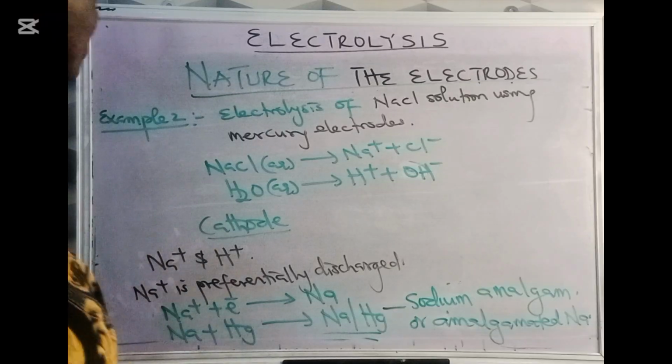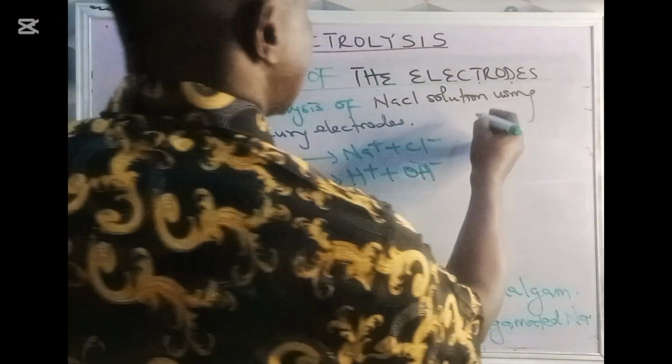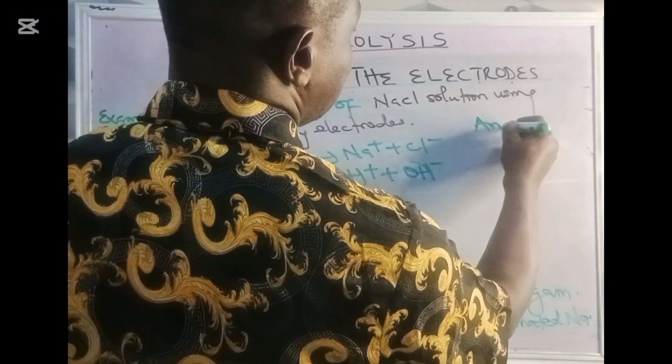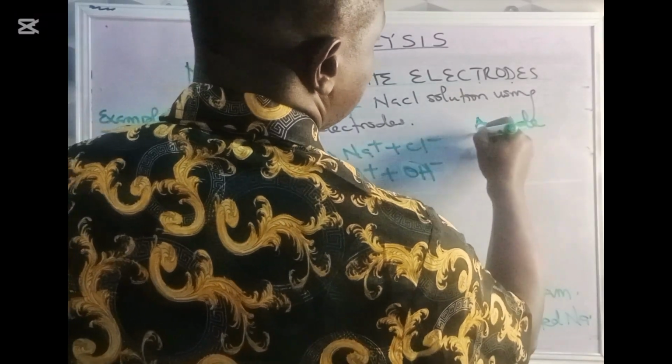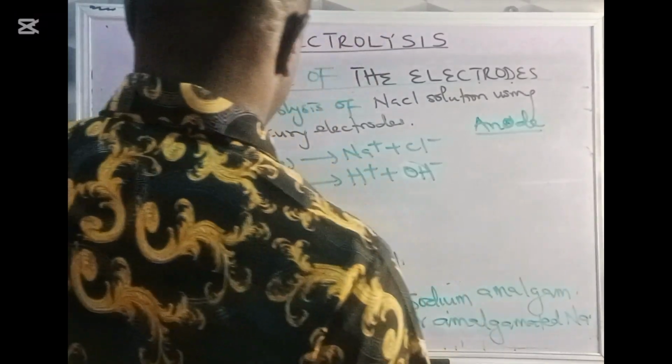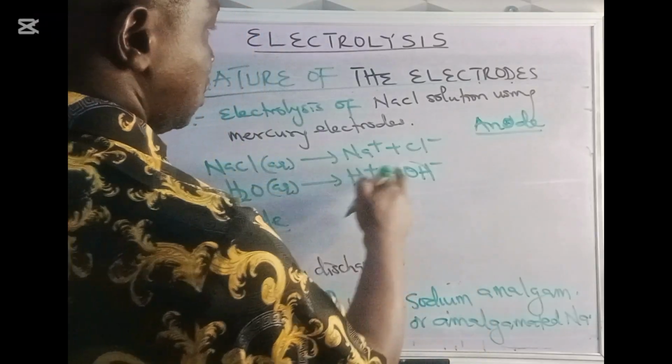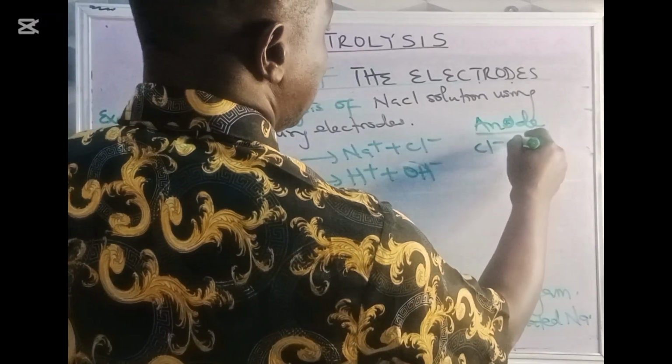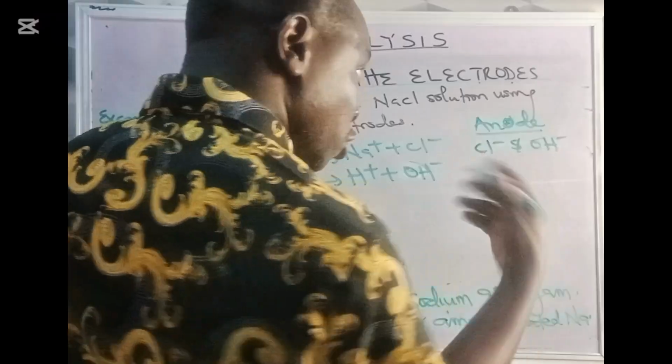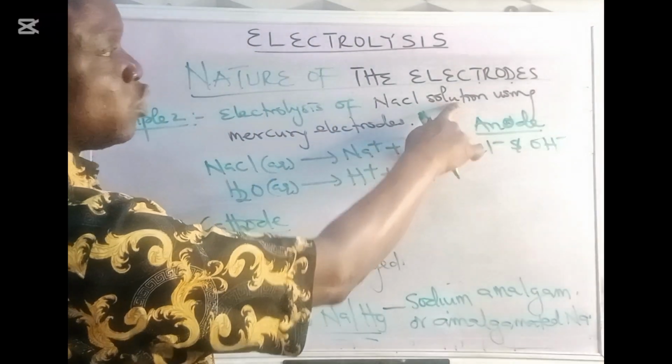At the anode, what will migrate to the anode? We have chloride ion and OH minus. No normal thing will happen because you are using sodium chloride solution.